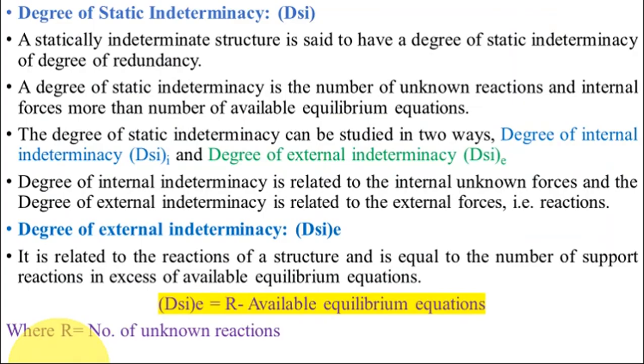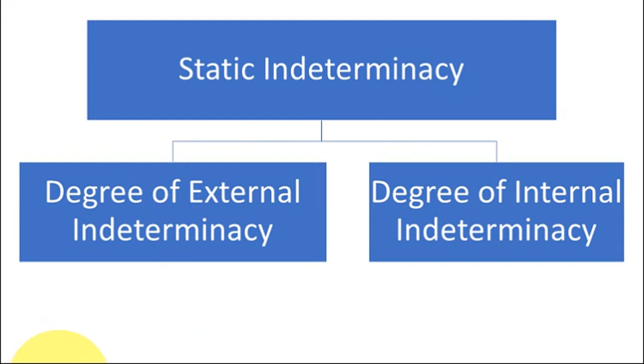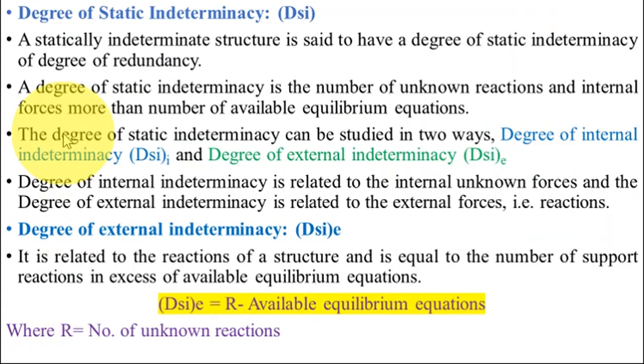As its name indicates, it is related to external forces, meaning the reactions. So degree of static indeterminacy, which is denoted by DSI, can be studied in two ways: degree of external indeterminacy and degree of internal indeterminacy. Degree of external indeterminacy we discussed with some examples in the last video.